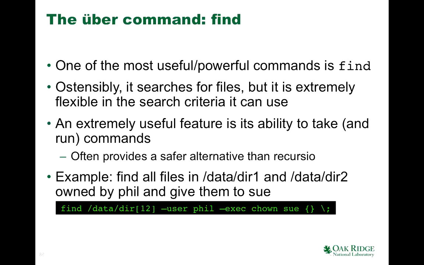So -exec chown Sue, and then we have some kind of interesting syntax. This is just the way the find command works. So this says find files in these directories that are owned by Phil and change ownership of those to Sue. So that's how we can run that particular operation in those directories.